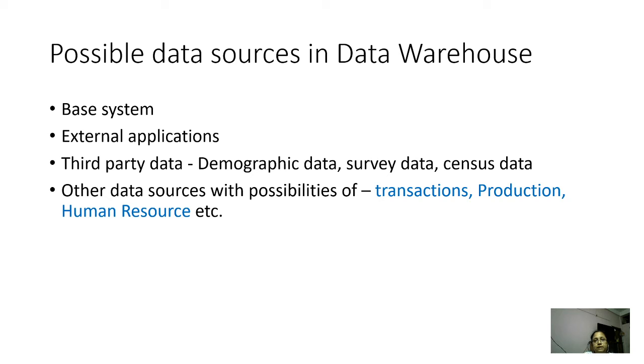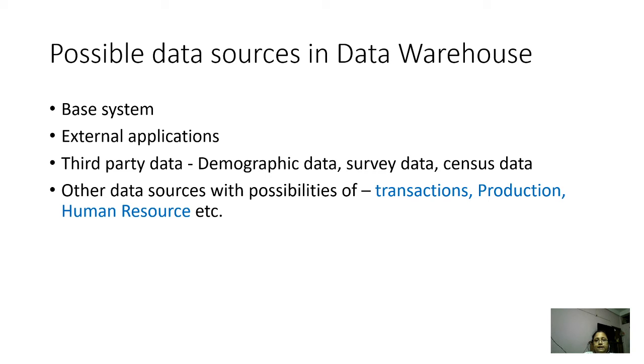These are the possible data sources in a data warehouse. The base system means the main organization, and then external applications. Our organization may have some third party applications, or it may deal with some other organization or applications on a daily, weekly or monthly basis.